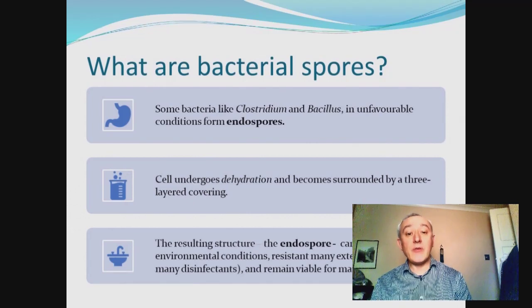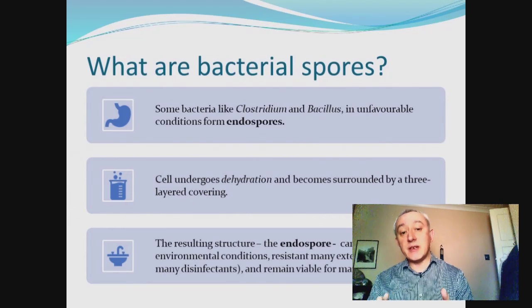Now, the first thing about spores is that not all species, and in fact only a very narrow range of bacterial species, can produce spores. So organisms like Clostridia, which has species that can cause botulism, and Bacillus, which is found in soil.